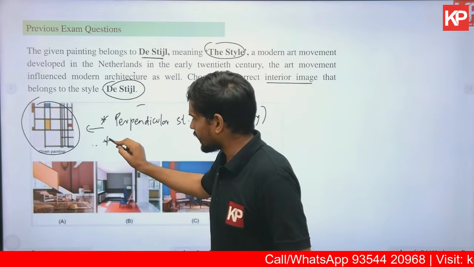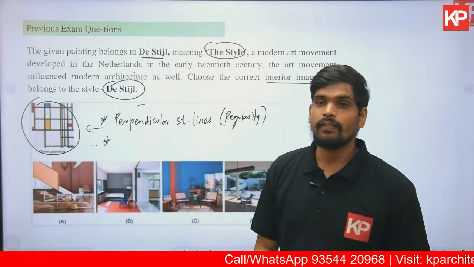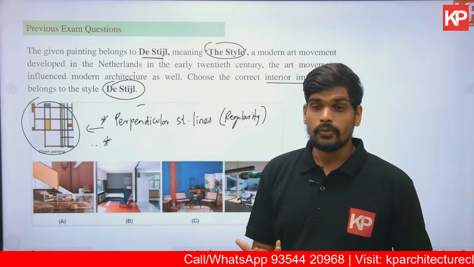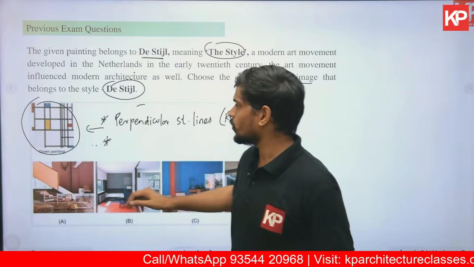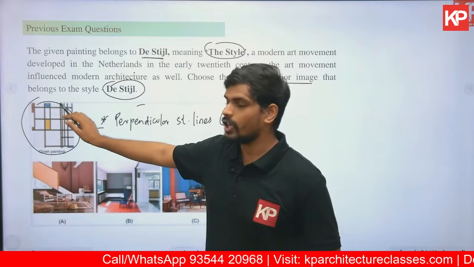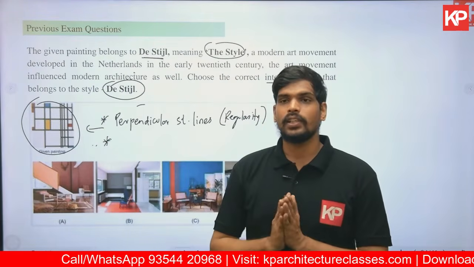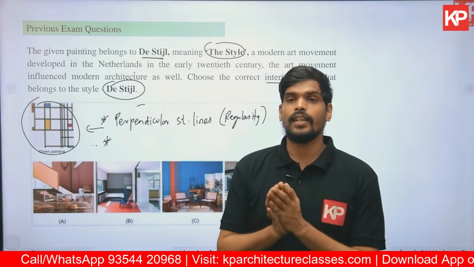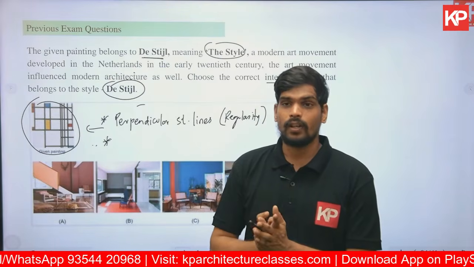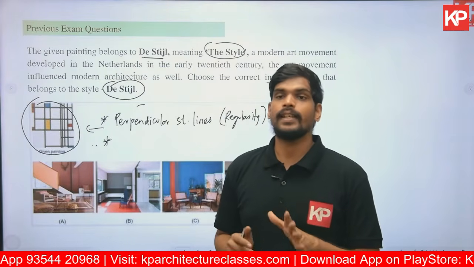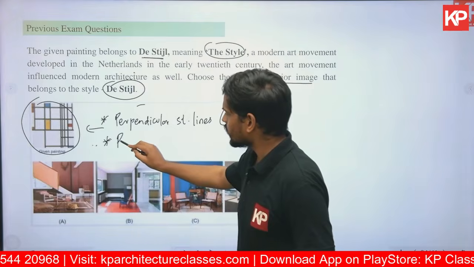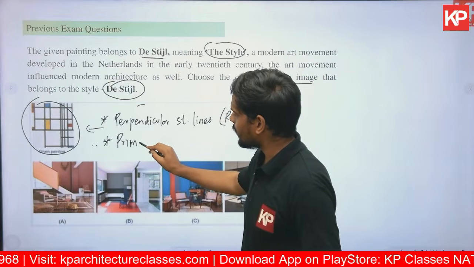Second important characteristic which you can identify in the given question figure is the colors used. If you observe carefully, what are the colors used here? Red, yellow and blue. From color theory, you already know what these three colors are called. These three are the primary colors. So in this particular style, you have primary colors used.